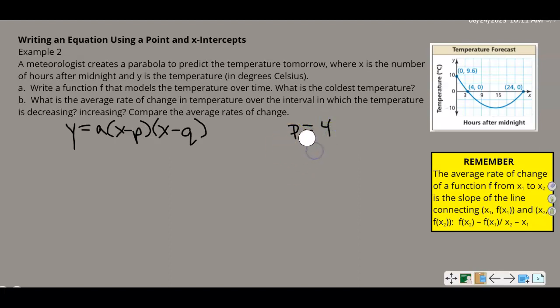And q is 24. Then we also have another point, 0, 9.6, and we can just say that's our x and our y value. So we have 0, 9.6, and this is an x and a y.